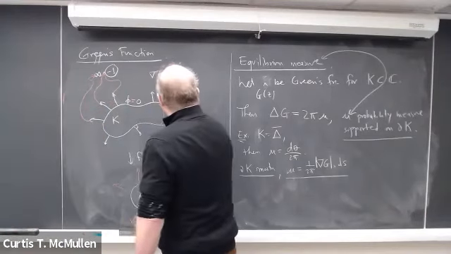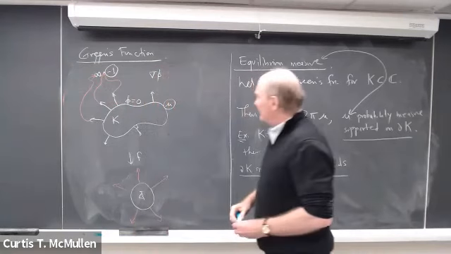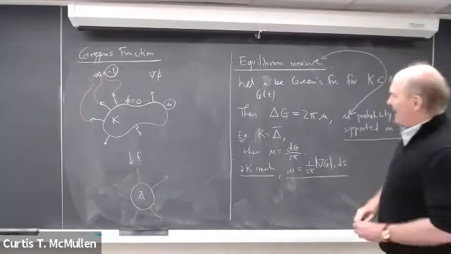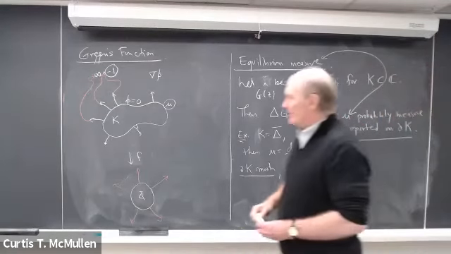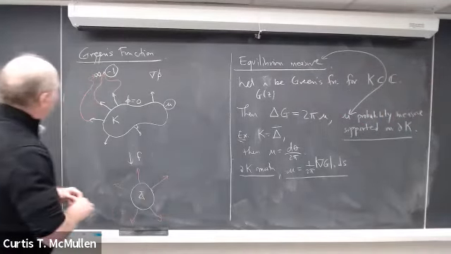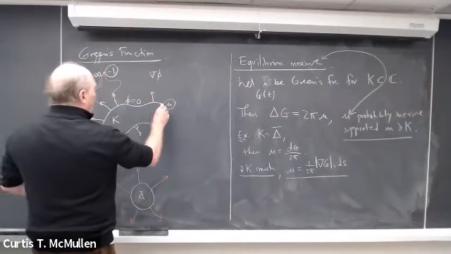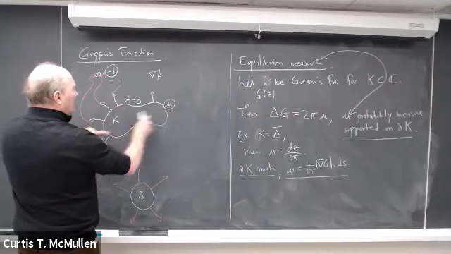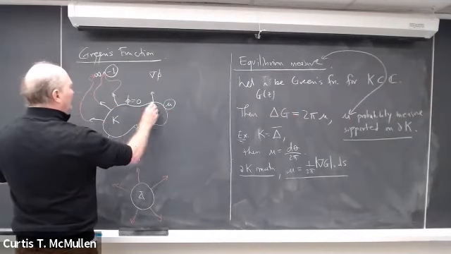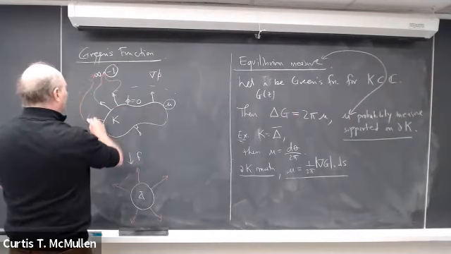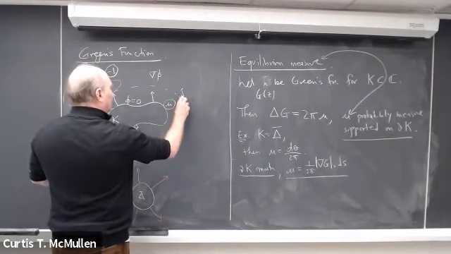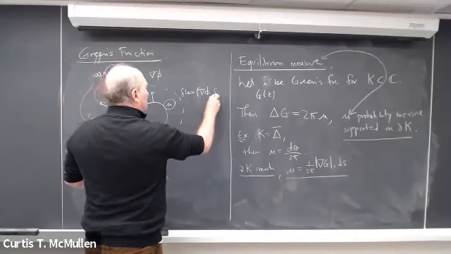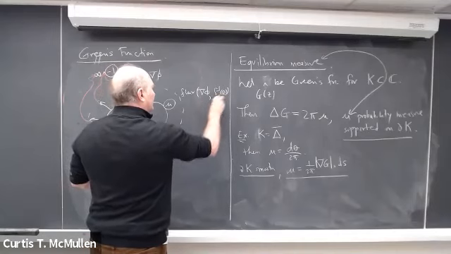Now, how do I know that the Laplacian gives rise to a unit charge on the boundary of K? The reason for that is very simple. If I want to know how much charge there is on K, all I have to do is ask myself, what is the flux of the gradient of phi, say through a circle of large radius?